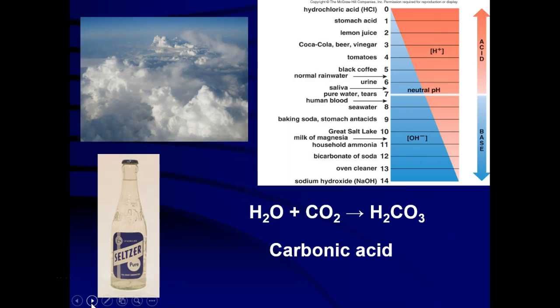So in the atmosphere, water will mix with carbon dioxide and produce a weak acid. This acid is called carbonic acid. Carbonic acid. All right. The formula is going to be H2CO3, carbonic acid.